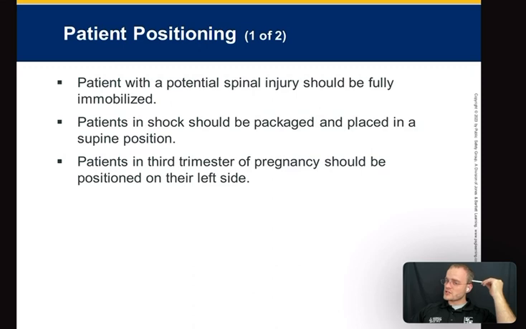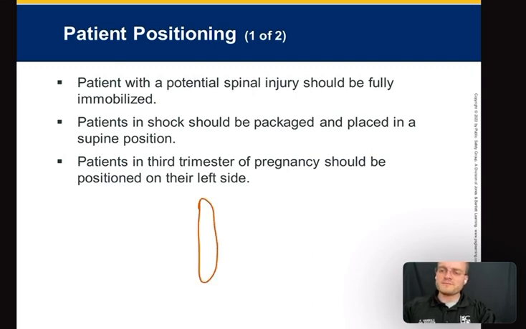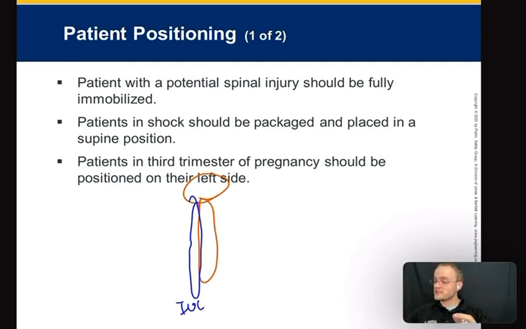Patients in their third trimester of pregnancy should be positioned on their left side. This keeps coming up, so I guess I'll cover it. Y'all want me to cover it? I'll cover it. If this is your spine, here's the patient's head. On the patient's right side is the inferior vena cava, and it's a vein. Veins collapse really easily. They're like water hoses that are easy to pinch and collapse.